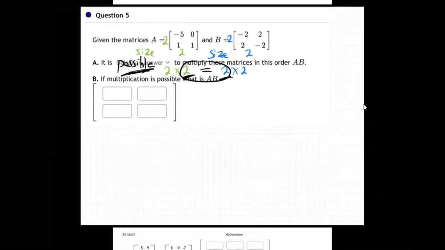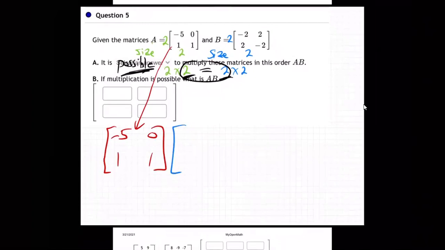Okay, great. So how do I do it? What exactly do I do? Well, that's where it gets really weird. Let me show you. You take the first one on the left, and the second one on the right. Here's what you do.